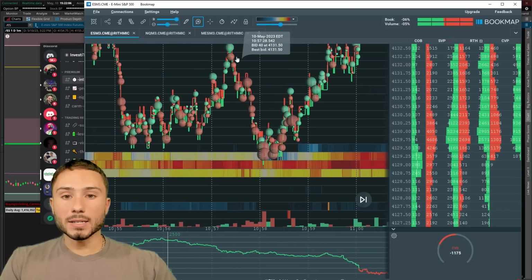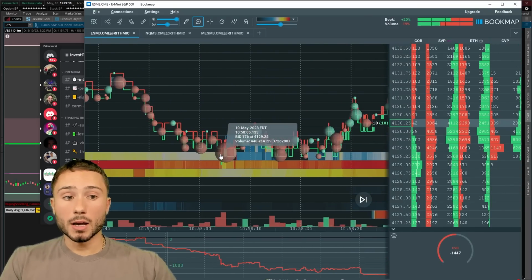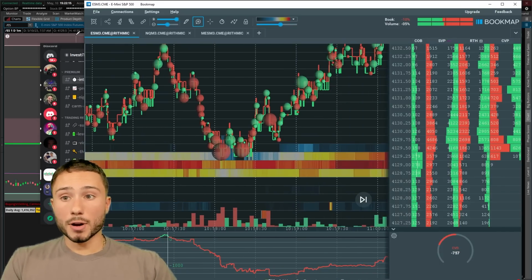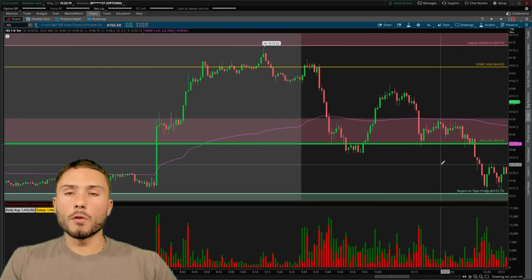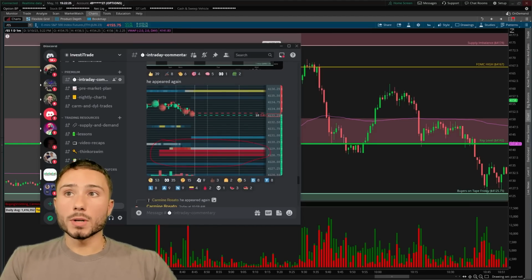So when I see this, the market comes back into this level. He fills his position for over 1,000 lots. So how I viewed this was, 3 minutes ago, I wanted to take the market short if we could get below 4125. However, this guy appeared again and his order was getting filled.